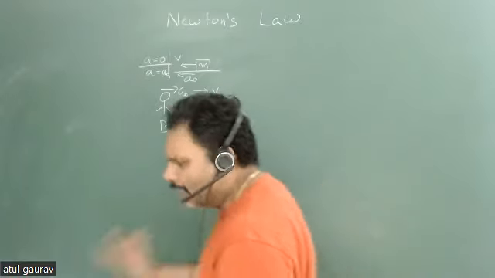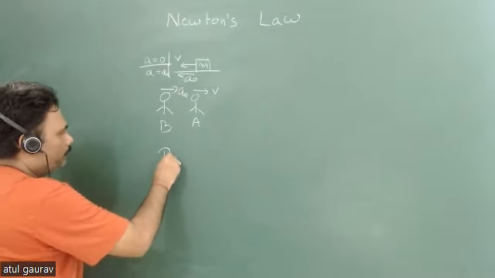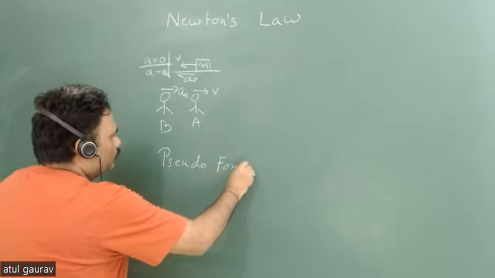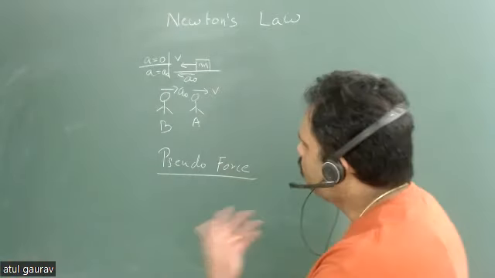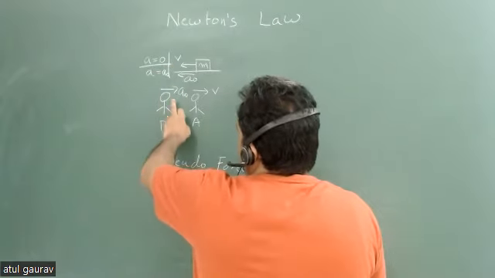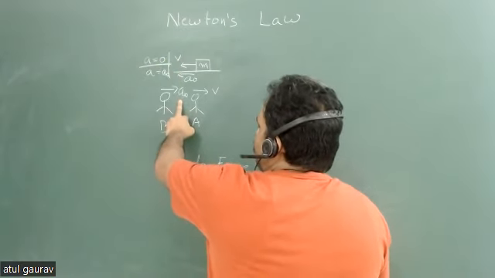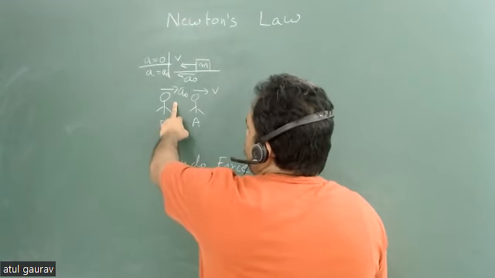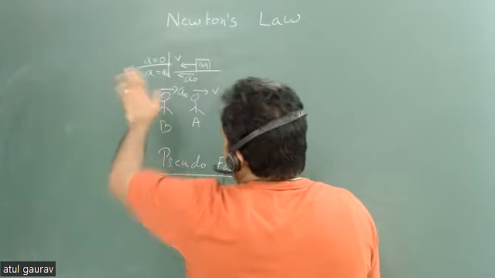So here we have defined a new type of force, and that force is basically pseudo force. So what is this pseudo force? We assume that if any observer has acceleration a0 and is in a non-inertial frame, then this observer will see on this mass a pseudo force.